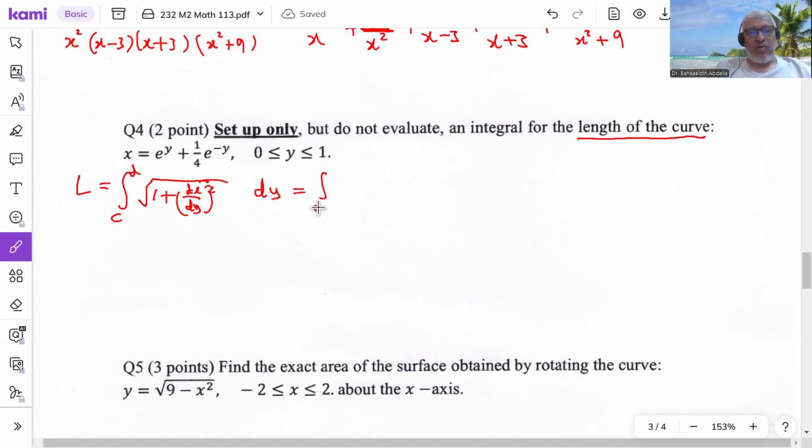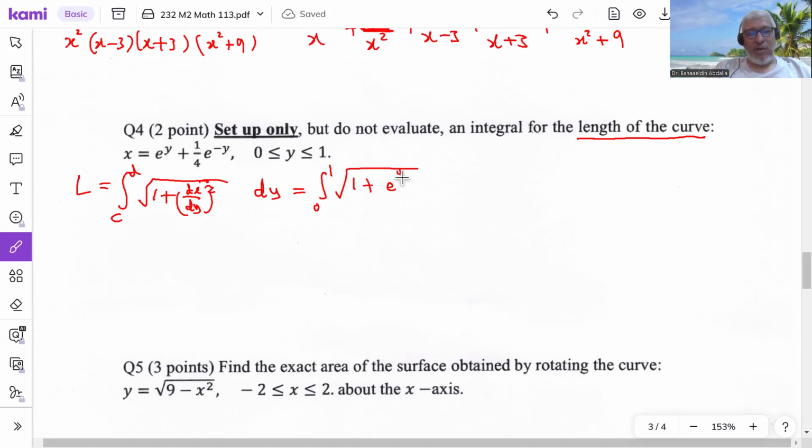So the arc length would be the integral from 0 to 1 of the square root of 1 plus (dx by dy) squared. It is solved for x, so all you need to find is the derivative of x with respect to y, so x prime in this case. So the derivative of x with respect to y is, what is the derivative of e^y?